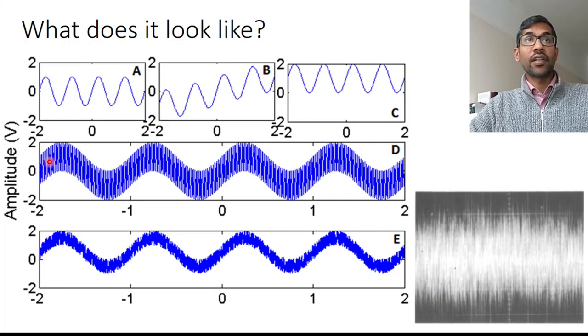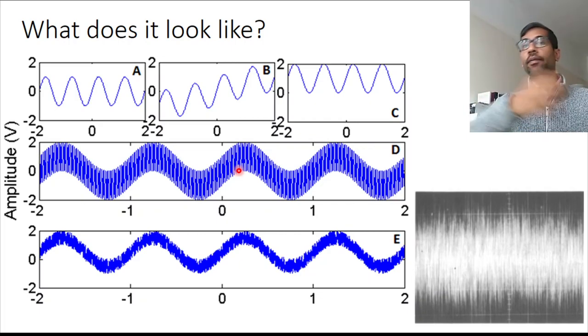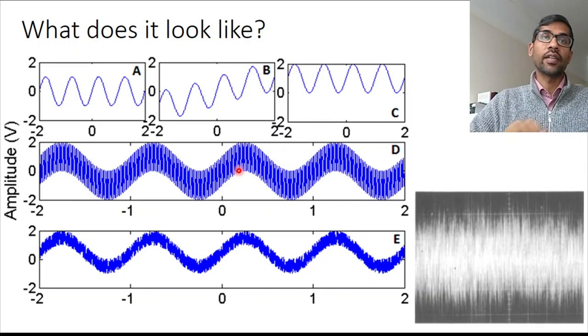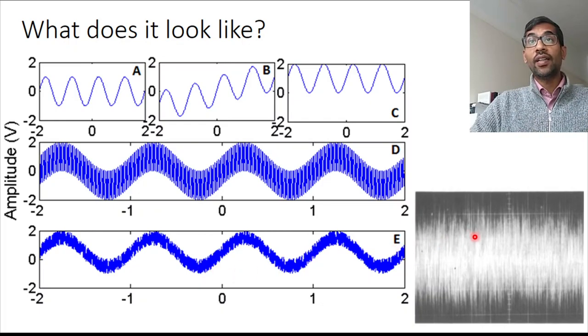You could have a noise that is some other frequency, a high frequency sinusoid impinging on this low frequency signal, like in this case. So probably the 50 hertz mains getting added on to the actual sine wave that you're measuring. You could have random noise, as in this case, and sometimes if the random noise is quite a lot, you may not actually see the measurement at all, and you may see a signal like this.